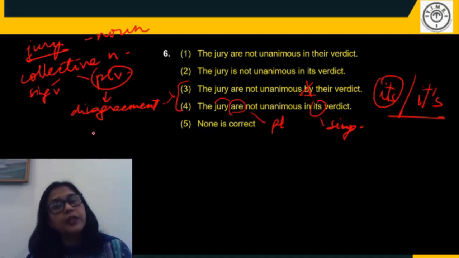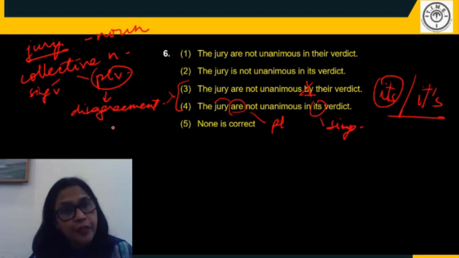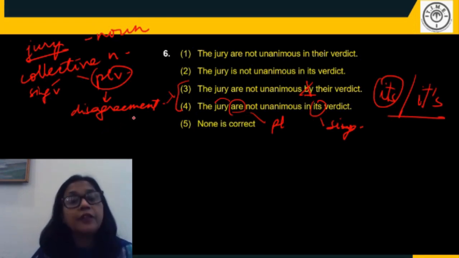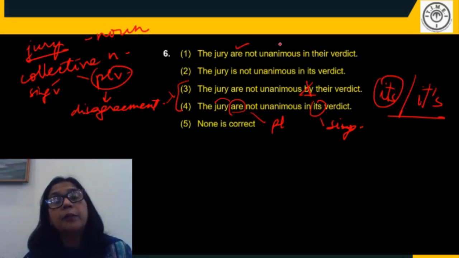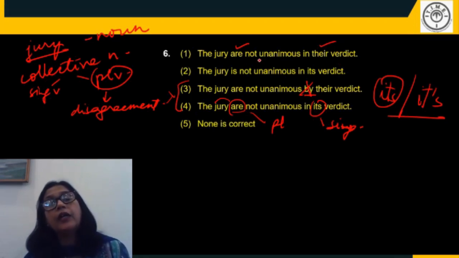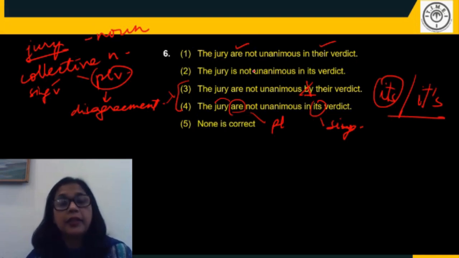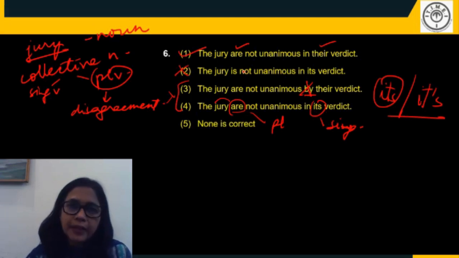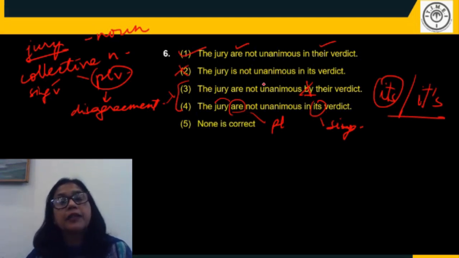Hence, without using the word members, you are referring to them. That is the reason why you will be using the plural pronoun over here and the plural verb too. The jury are not unanimous in their verdict. So this is your correct sentence and not the second one, which many a time candidates think should be singular only.